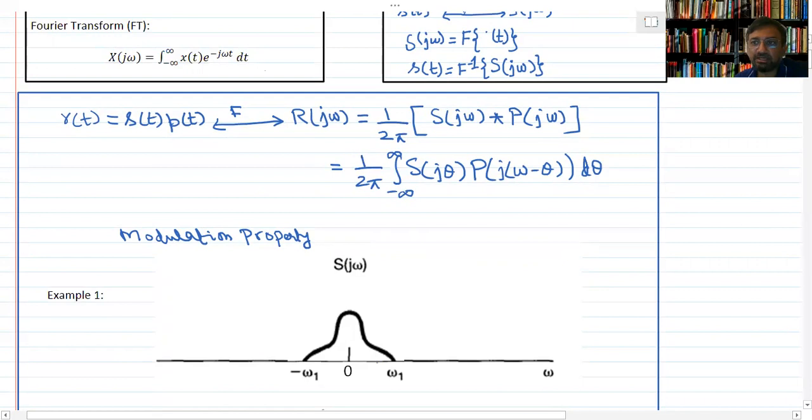And on the receiver side, we can separate out the signals coming from different stations with the help of frequency selective filtering that we saw in the previous module. And only because of the modulation, multiple TV and radio stations can operate in a given area.